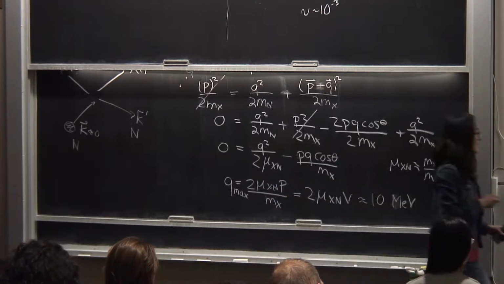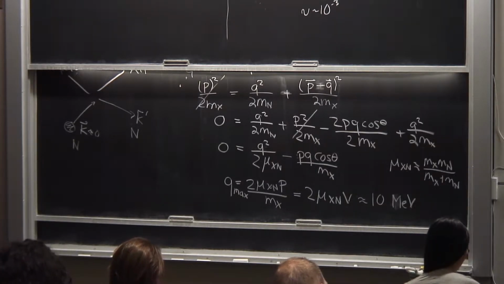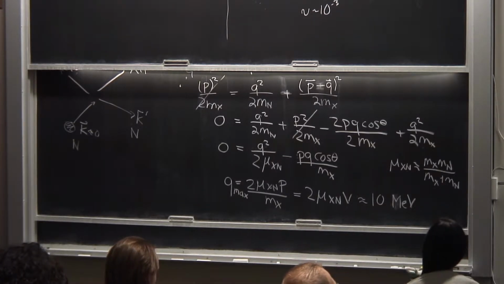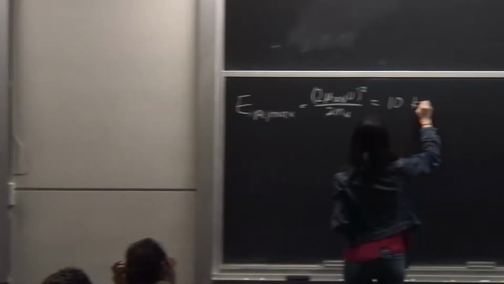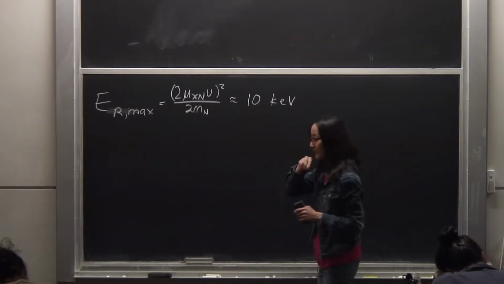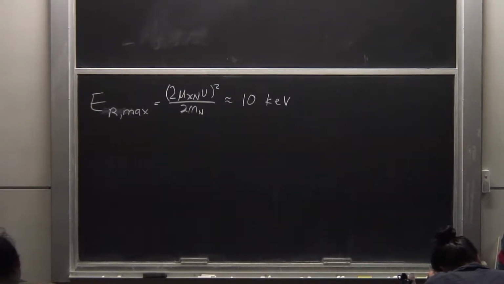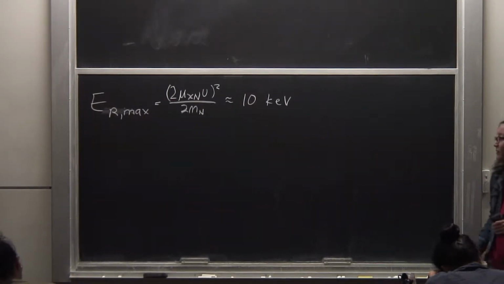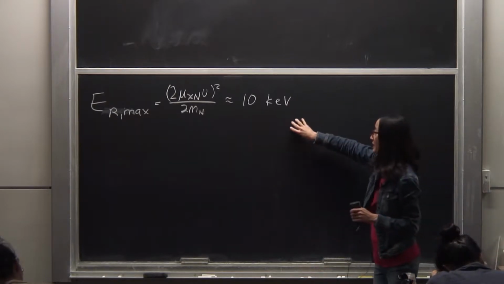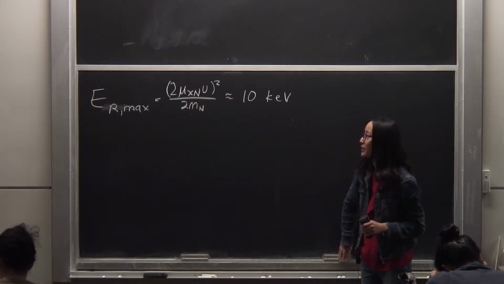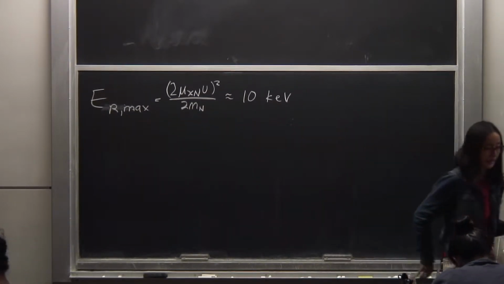And if I plug in 10 MeV squared over 2 times the target mass, that will be closer to 10 keV. So these are the kind of typical numbers that you'd see for most nuclear recoil experiments.